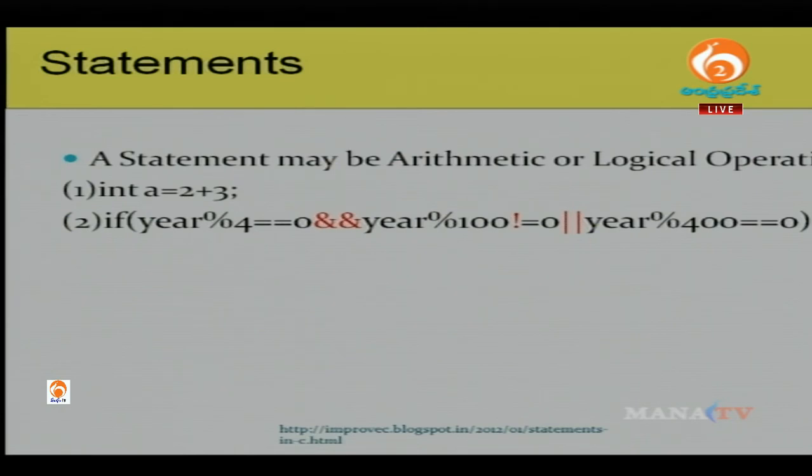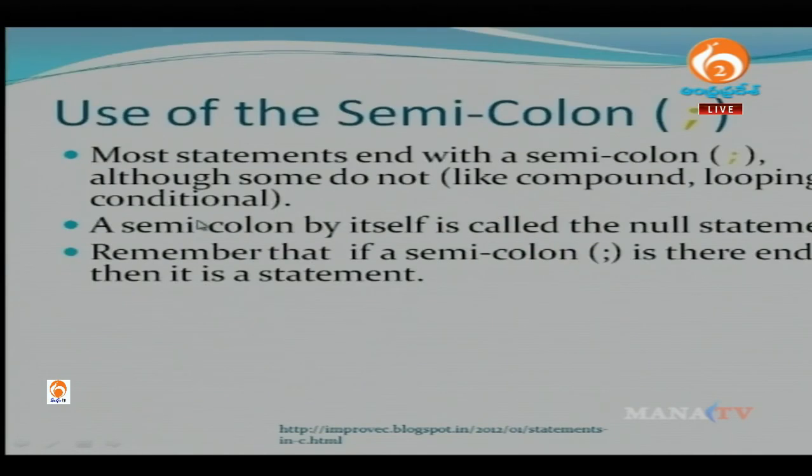Now we are seeing the logical operations. How can we say that it is a logical operation? These come under logical operations, where I am using logical and, logical or. This is known as a logical operation statement.